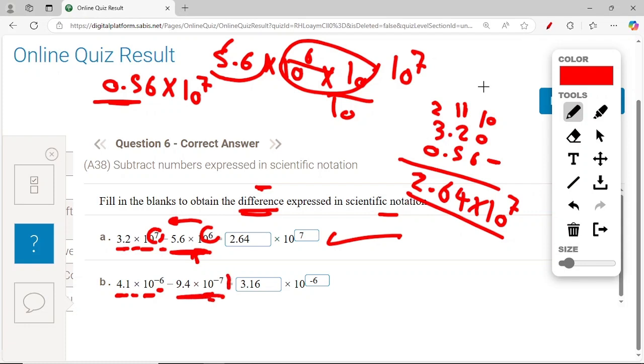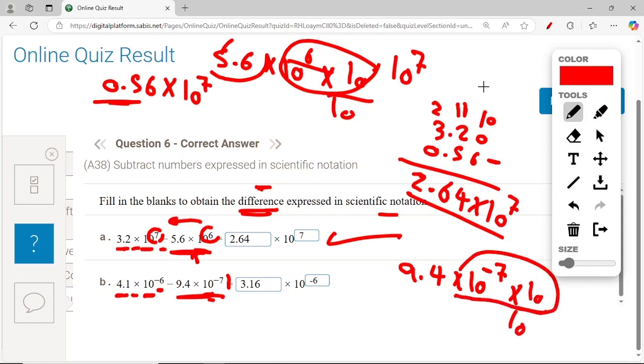So we'll make this one minus 6. So we'll take the number here, 9.4 multiplied by 10 to the power of minus 7. I will multiply by 10 and divide by 10. So this one will be 10 to the power of minus 6, and 9.4 divided by 10 will be 0.94. Because I have the same power, I can do the subtraction now.